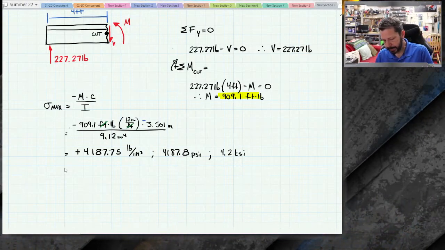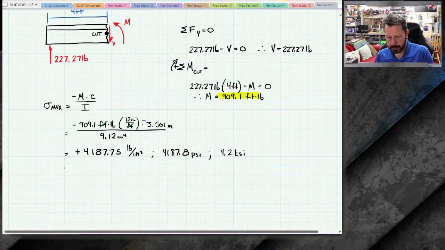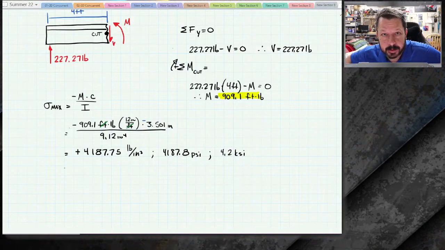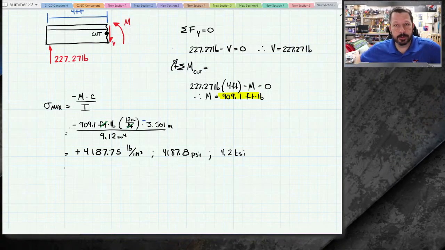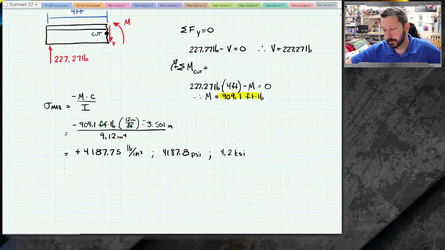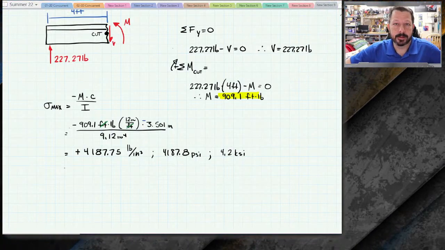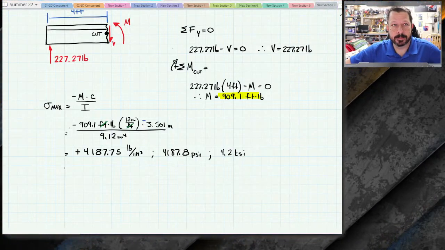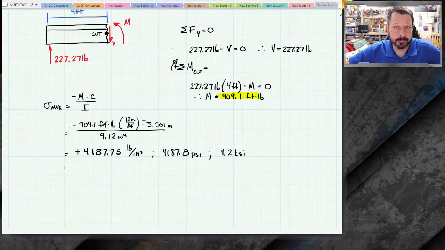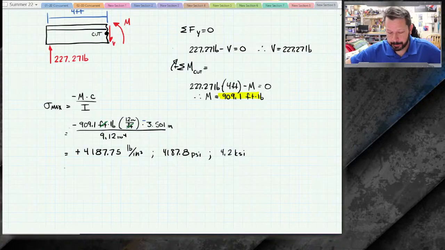So I can take that number and then I can go look up material properties to see, is that number dangerous for yield strength for this material. Most of these beams are going to be steel, and their yield strength is going to be something like 36 ksi, so 36,000 psi.